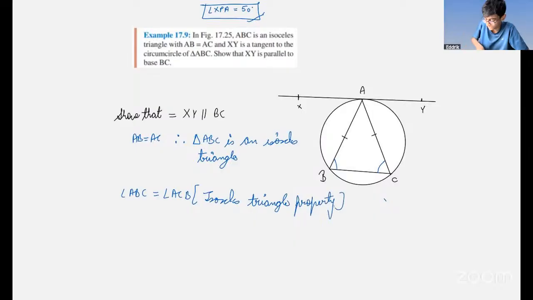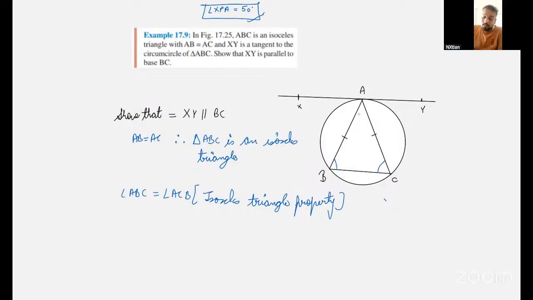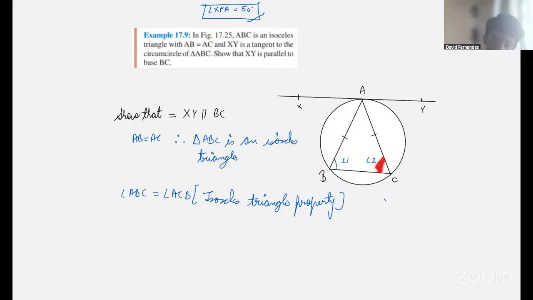Okay. So now I will write this angle 1 and this angle 2. Now I will ask this question to Agatha. Is angle 2 equal to anything? She freezes, I guess the network is bad. Okay, David, tell me, is this angle equal to anything?